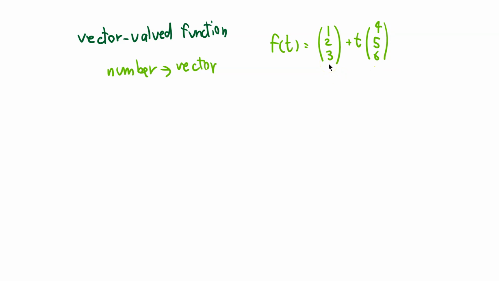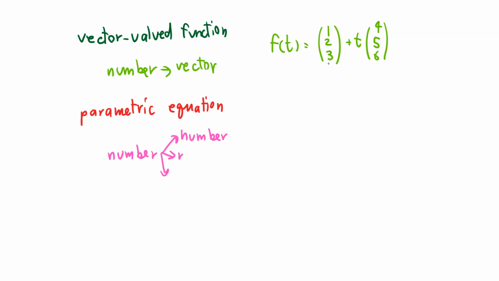Now, the next thing that we also talked about is a parametric equation. When we talk about parametric equations, what happens is we have a number, but knowing this number, I can tell the values of many other numbers.